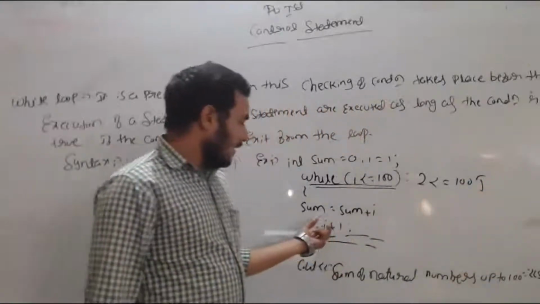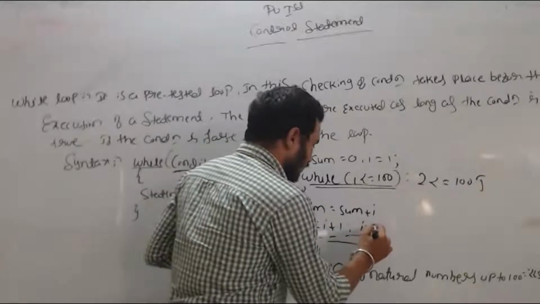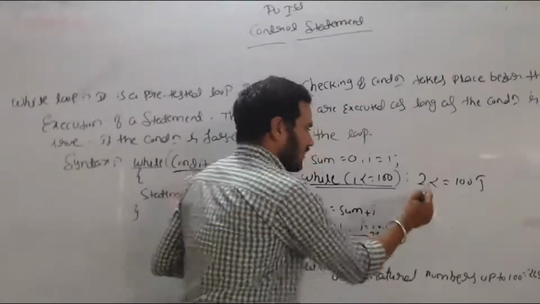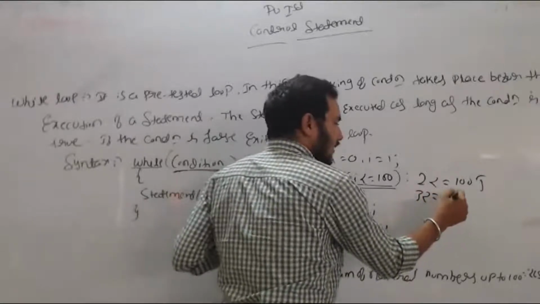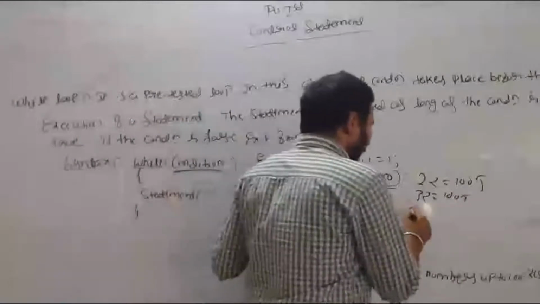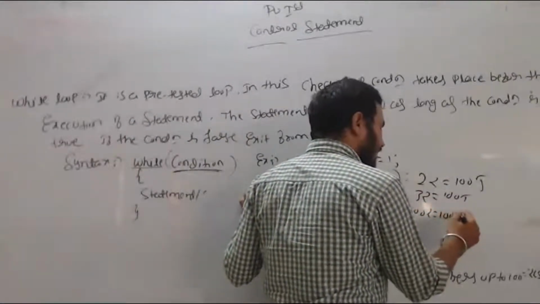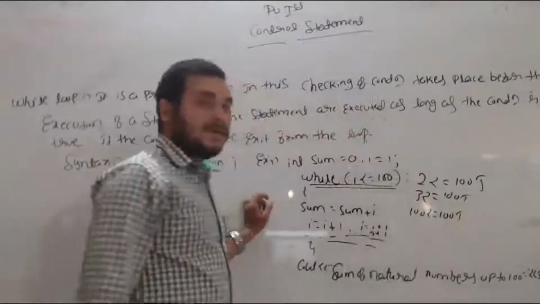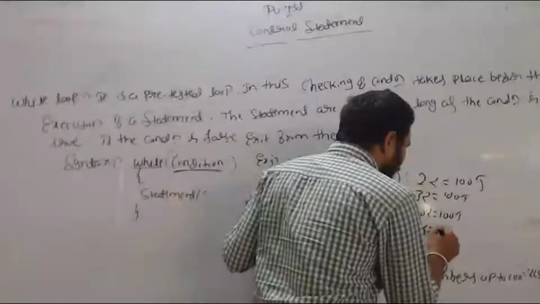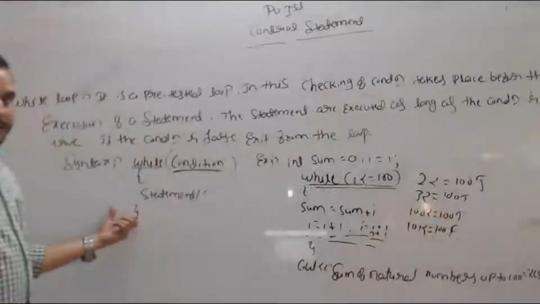Then again I is equals to I plus 1, so I value is 2, 2 plus 1 is 3. 3 less than or equals to 100, the condition is true, and so on up to 100. 100 less than or equals to 100, the condition is true. Once I becomes 101, which is not less than or equals to 100, the condition becomes false, and it comes out from the loop.